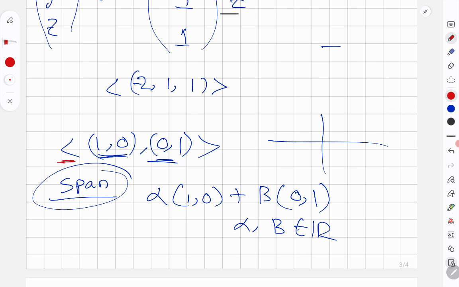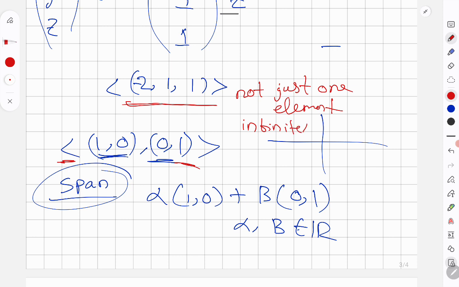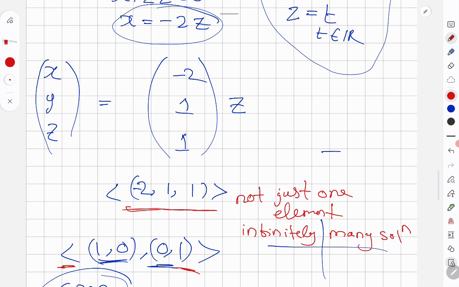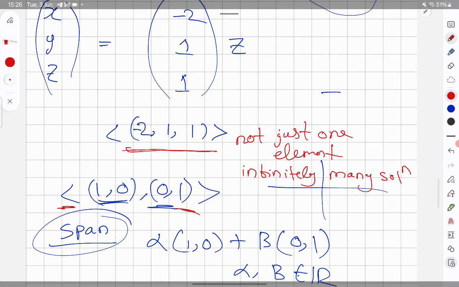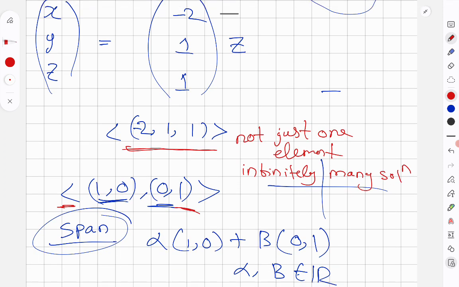This is called the span of the vector space. It's not just two elements, it's the linear combinations of the elements that are present over there. It's not just one element, it is infinitely many solutions. Since z is our alpha here, we can have infinite values. This one has two elements, but alpha and beta can be anything.